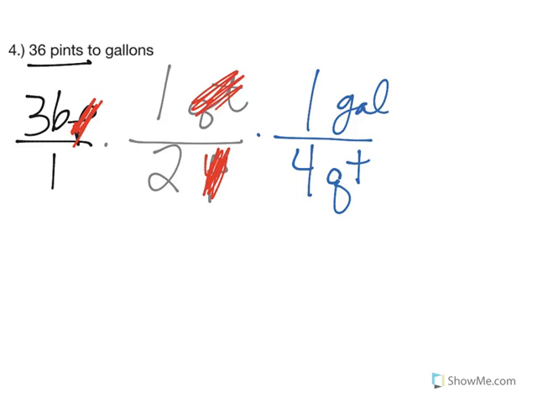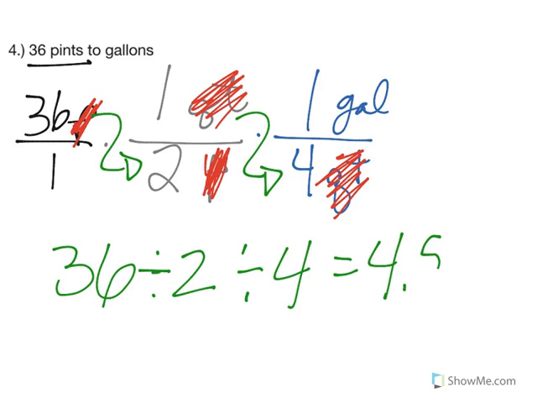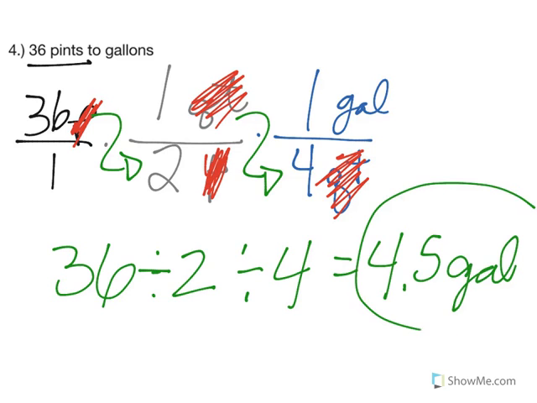So that step makes my quarts go away, and now I'm just left with gallons. So when you do the math for this problem, we start with 36, but you'll notice 2 is in the bottom, so I'm going to divide by 2, and 4 is in the bottom, so I'm going to divide by 4. So your calculator will be 36 divided by 2, divided by 4, for an answer of 4.5 gallons.